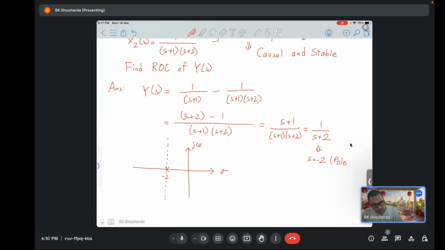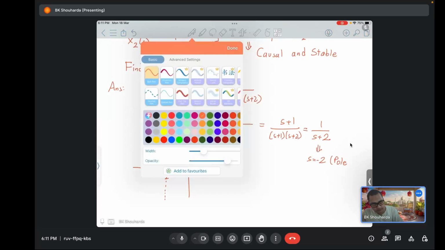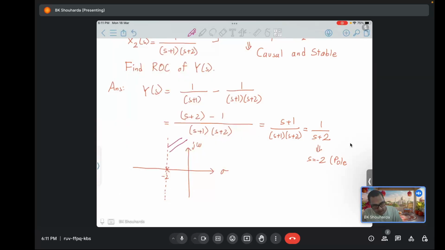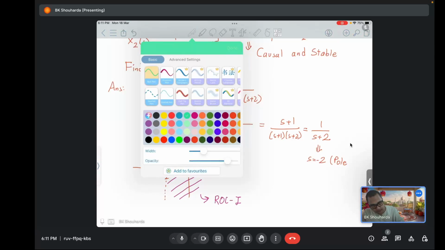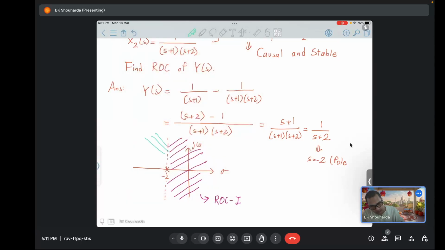This is a pole. Now there are two possible ROCs, as we had learned in the previous class. One is the ROC to the right of this, let me call that ROC1, and the other one is the ROC to the left of minus 2, and I call that ROC2.